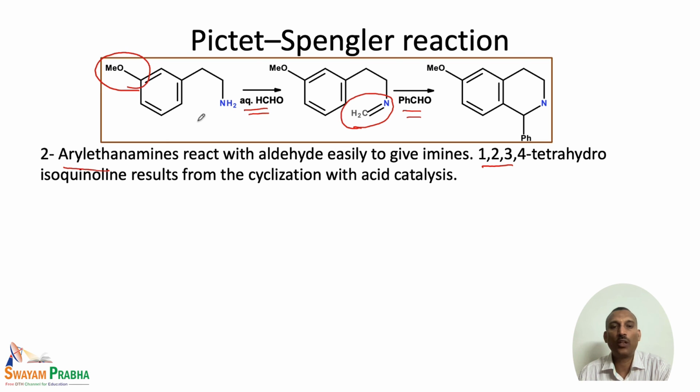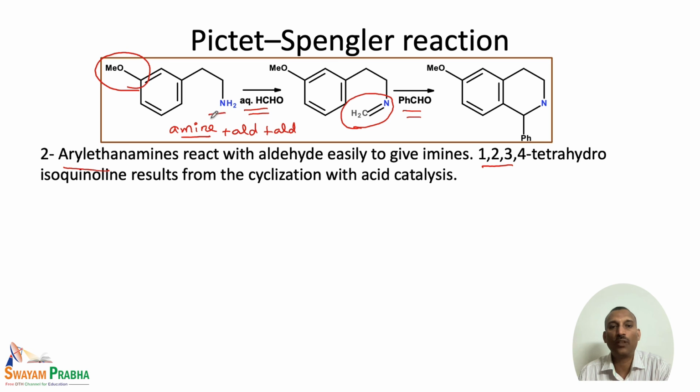So, if you look at the previous reactions, most of them have 3 units that are generally used. There is an amino unit, there is an aldehyde, and there is also another aldehyde. So, 2 aldehyde units are actually used along with 1 amino unit, and here again if you look at this Pictet-Spengler reaction, this is also having the same 3 components.